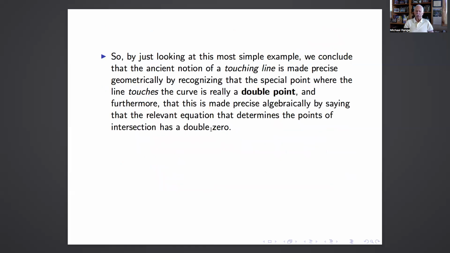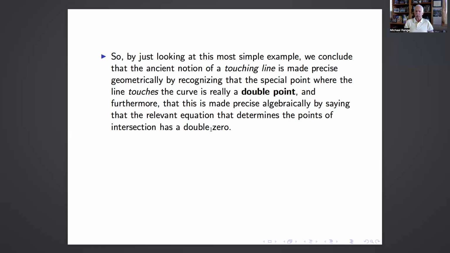So by just looking at this most simple example, we conclude that the ancient notion of a touching line is made precise geometrically by recognizing that the special point where the line touches the curve is really a double point.